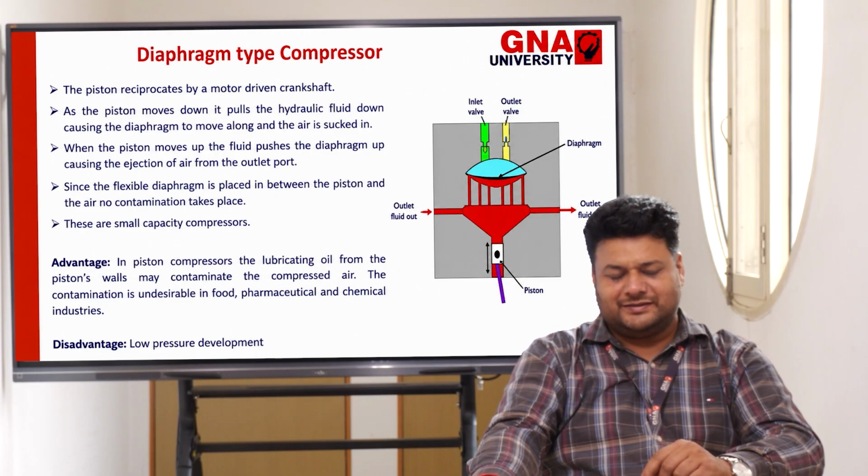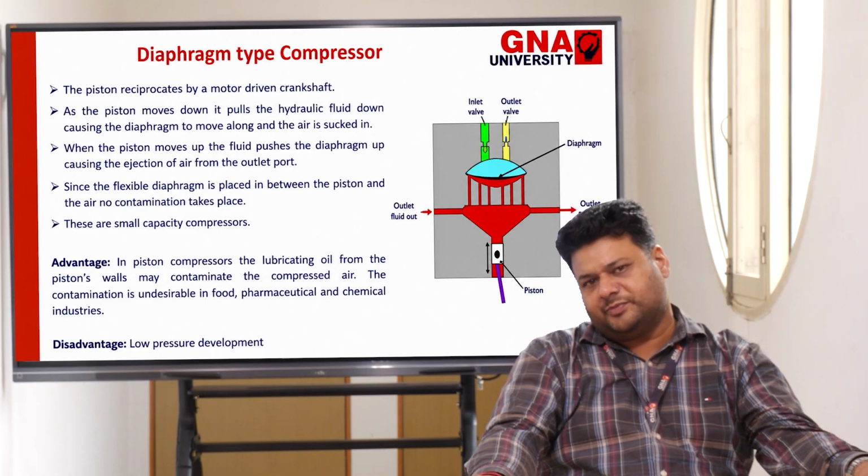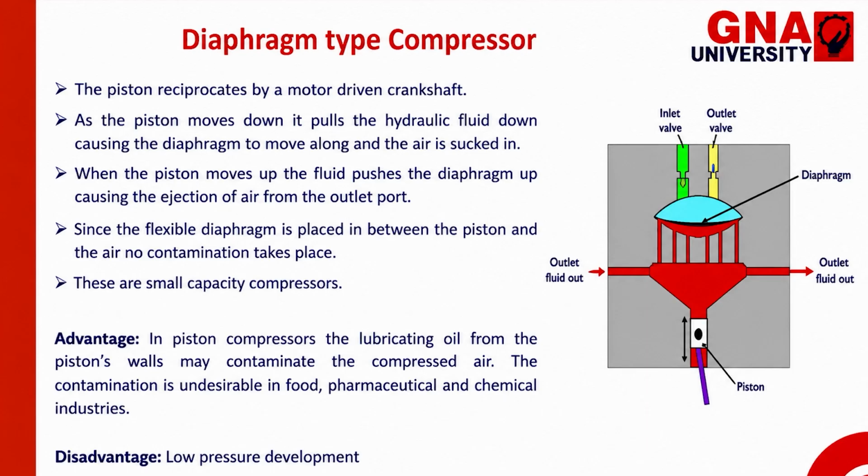Now, the next type of positive displacement compressor is the diaphragm type of compressor. This is the schematic of the diaphragm type of compressor. The piston reciprocates by a motor-driven crankshaft.